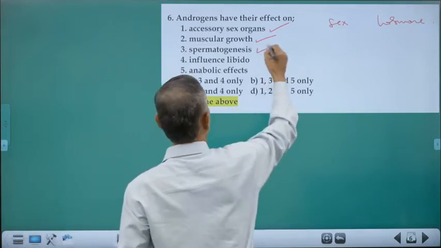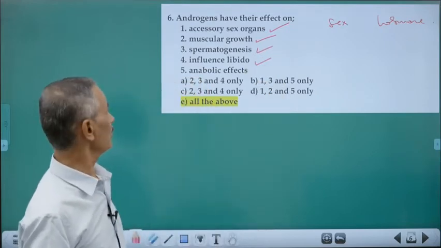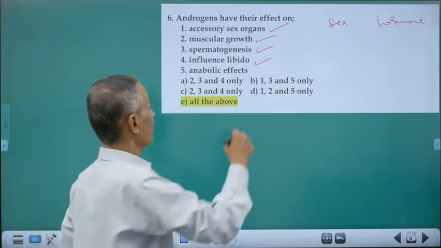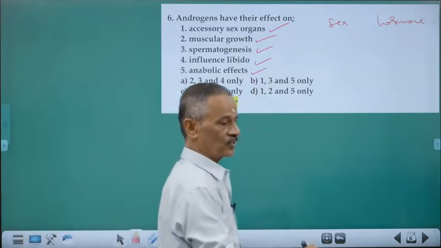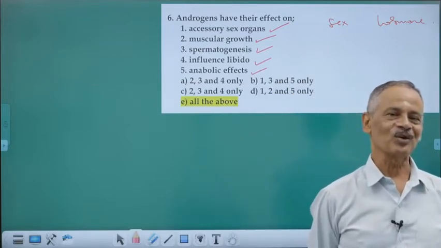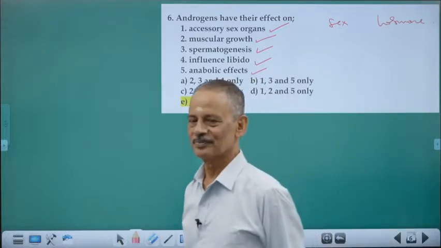Spermatogenesis, libido, male sexual behavior, aggressive male sexual behavior is called libido, influence libido, and it is having anabolic effect, constructive process. It is because of this reason that sports persons are also taking these steroid hormones.